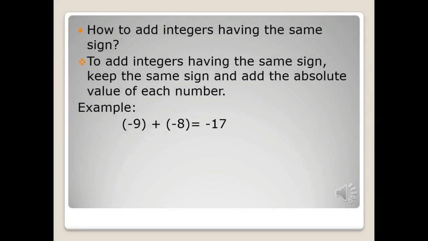There are two categories in adding integers. First, adding integers having the same sign. How do we add integers having the same sign? Just keep the sign and add the absolute value of each number. Example: -9 plus -8 is equal to -17.